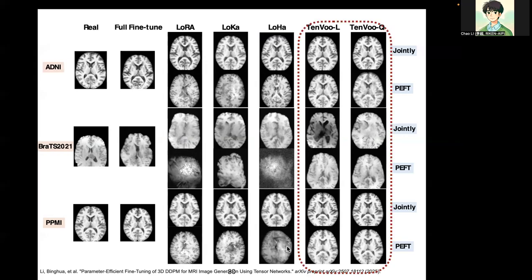The tensor network-based methods, on the other hand, consistently preserve the structure and maintain high image quality, even when we just use parameter-efficient fine-tuning. This really shows that keeping the tensor structure during the fine-tuning not only cuts down the number of parameters, but also helps retain those critical high-fidelity medical features.